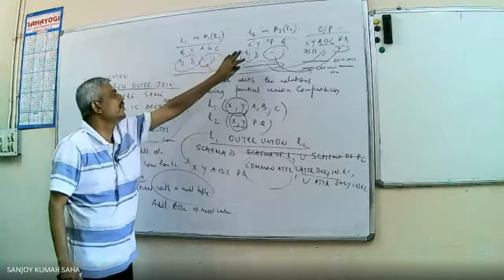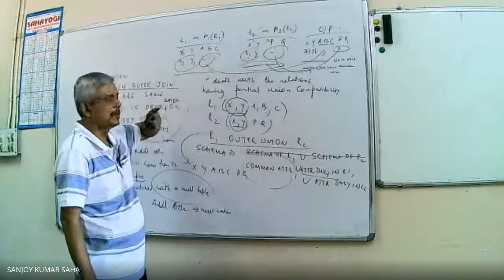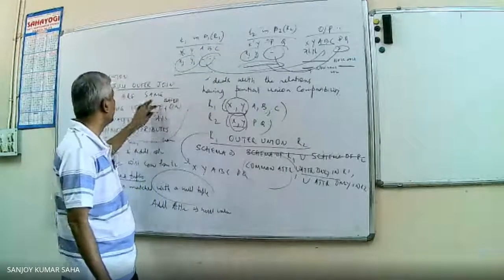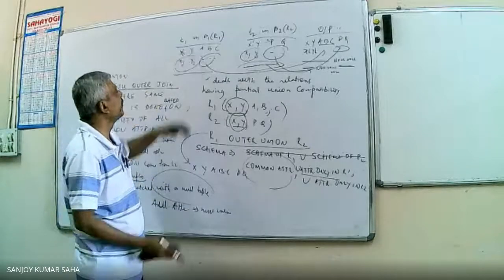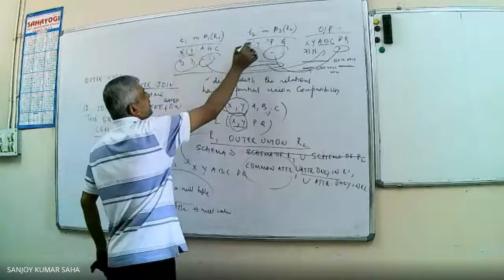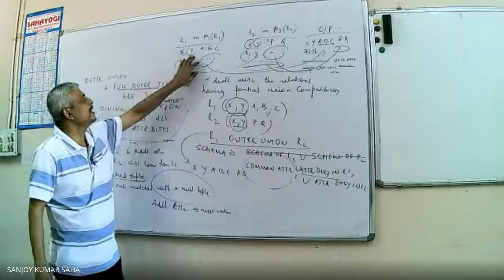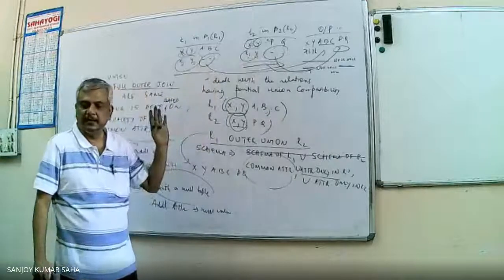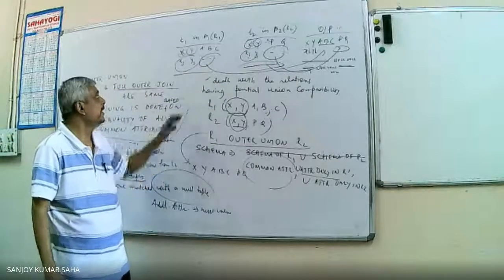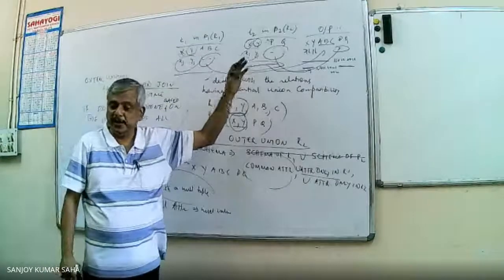If instead of outer union you go for full outer join, what will happen? If it is based on the equality of all the common attributes, then two tuples having the same value for the common attributes will combine. As this is a full outer join, one which is not finding a match is combined with null.